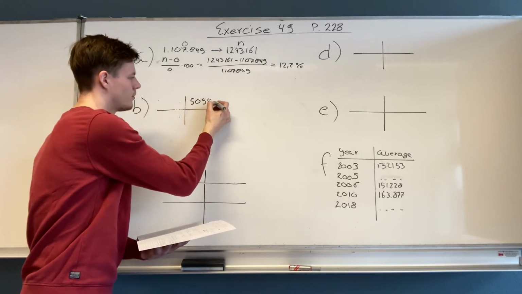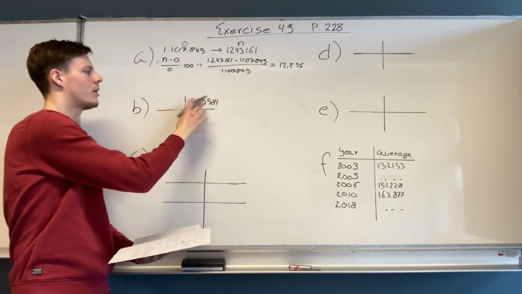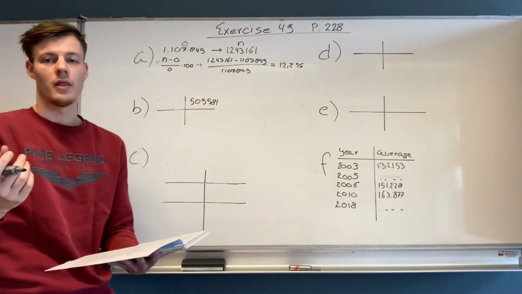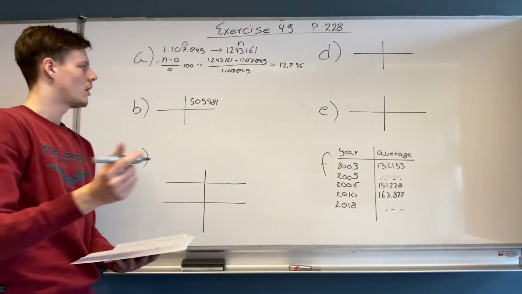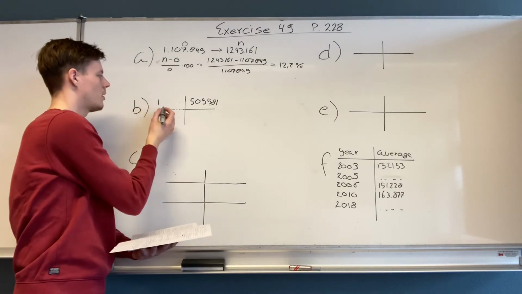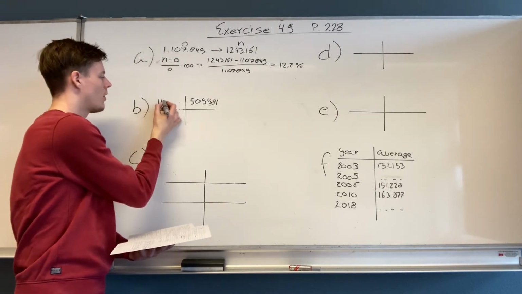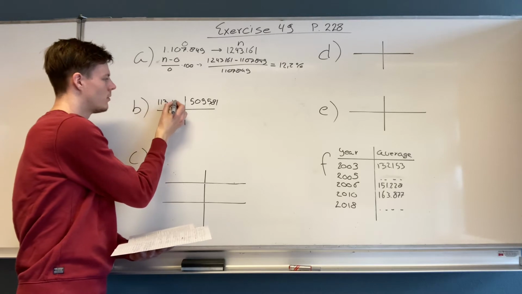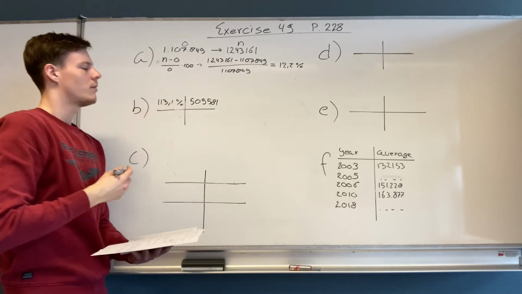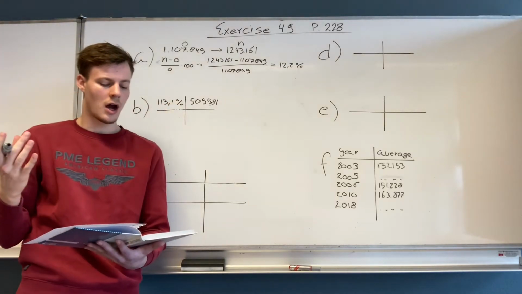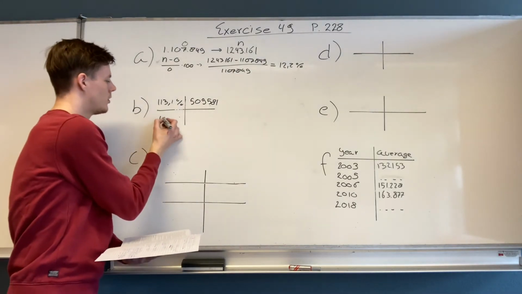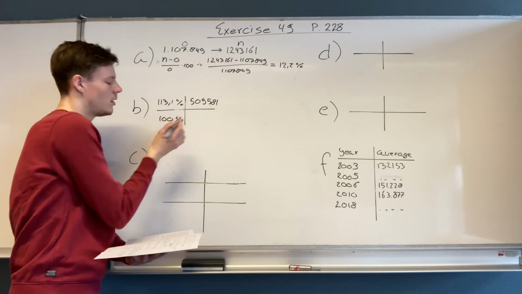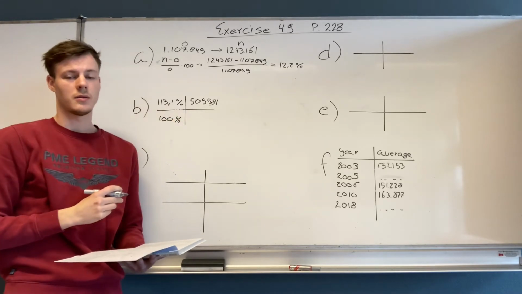This number represents the number of houses after the increase, so that is a percentage of 113.1%. The question is, how many houses were there in 2000? So we need to know the old number of houses, which is 100%.